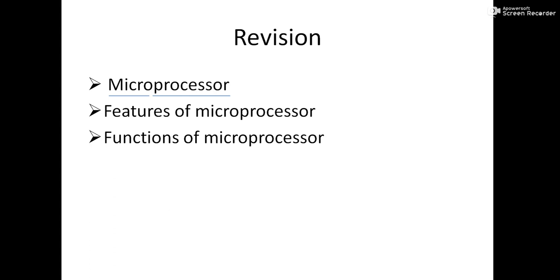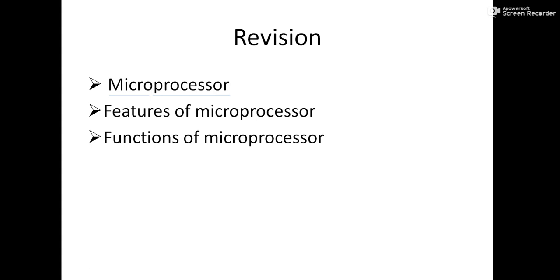That is in form of zeros and ones. So after accepting the binary data, the processor must process the data according to the instruction, and after processing the data, it should return the output. I hope you understood what is microprocessor.